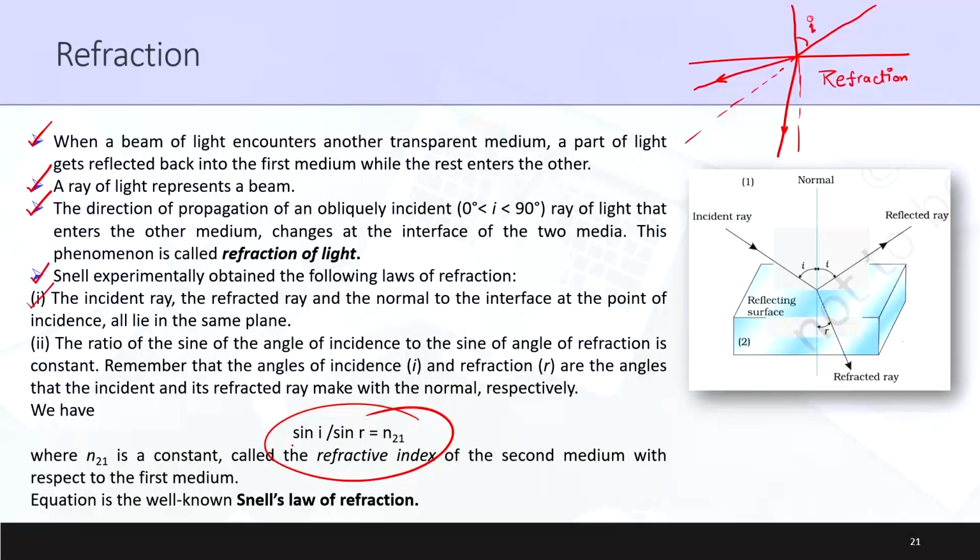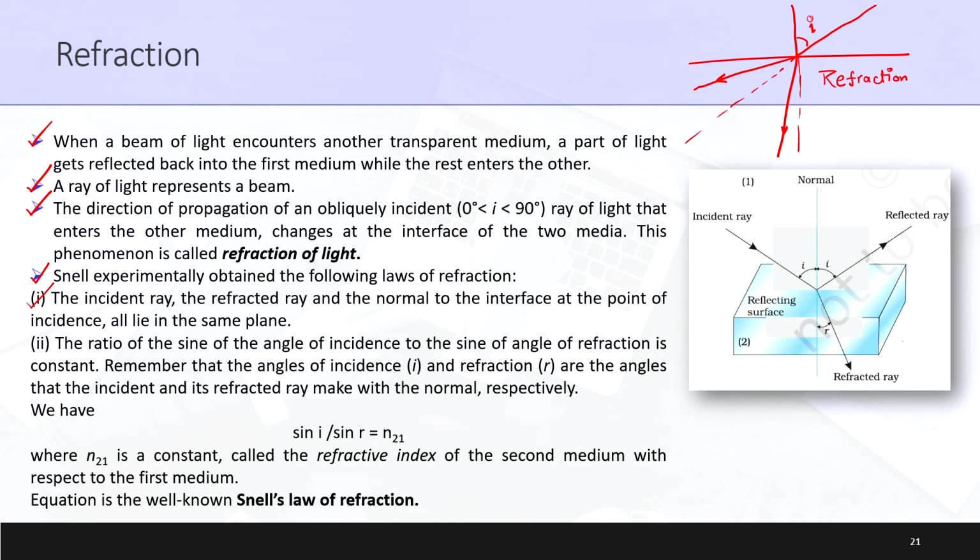But for Snell's law of refraction, the second law states that the ratio of the sine of the angle of incidence to the sine of the angle of refraction is constant. What that constant is we will get to know, but for now sin i by sin r is equal to n21. This n21 is a constant called the refractive index of the second medium with respect to the first medium.